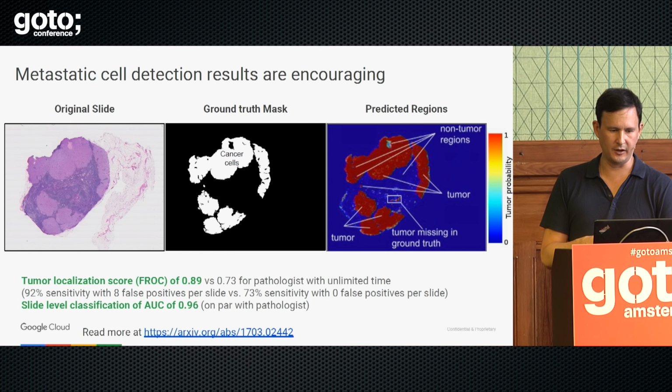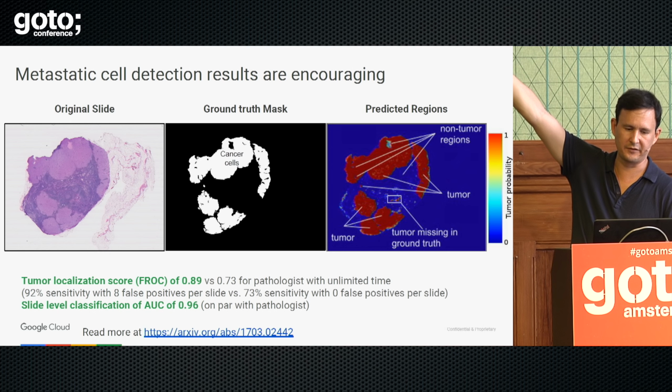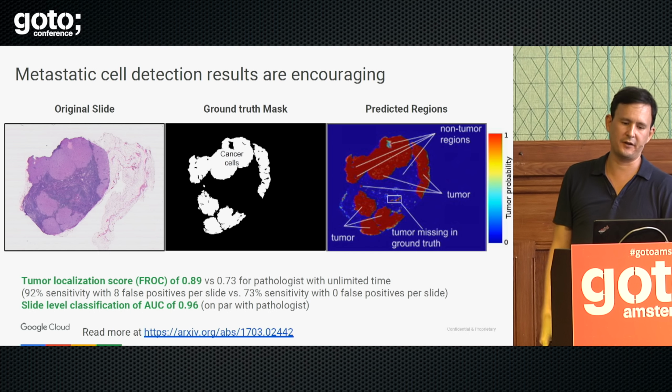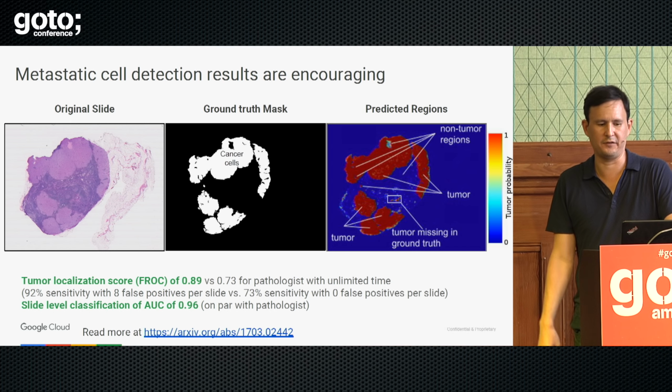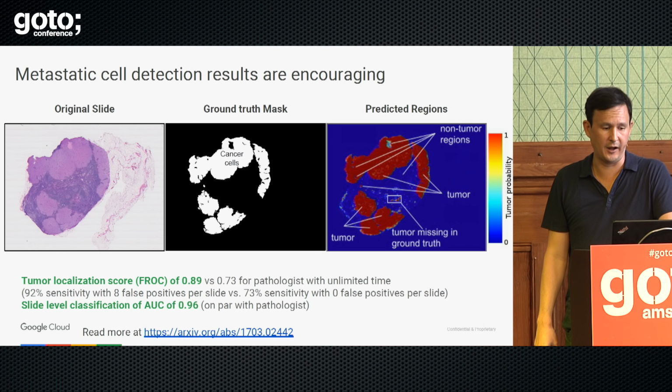You can see the original image here on the far left. The middle slide is the human pathologist. They went ahead and drew a bounding polygon around the cancer cells, and they were given an unlimited amount of time to do that, to correctly label what they thought was the cancerous regions versus the non-cancerous regions in the slide. Again, at the various mag levels.